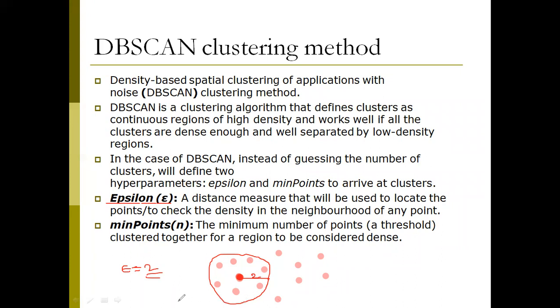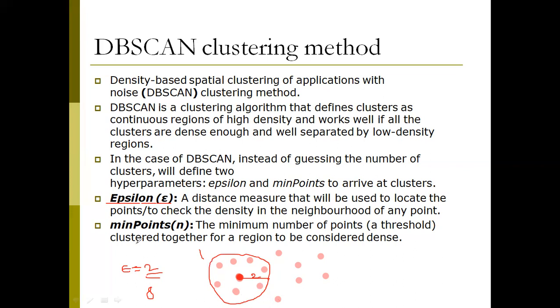Now count how many points are there within this cluster. Assume this is cluster 1. In cluster 1, how many data points do you have? Including this center point, we have 8 data points, isn't it? Total 8 data points are within cluster 1.